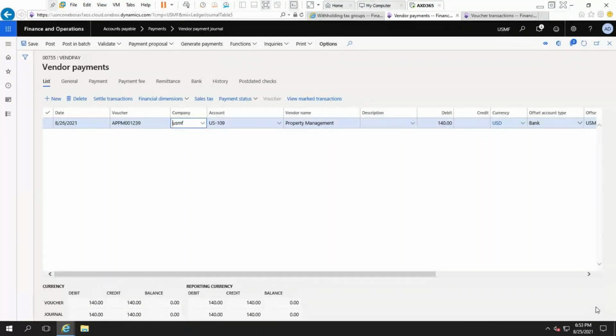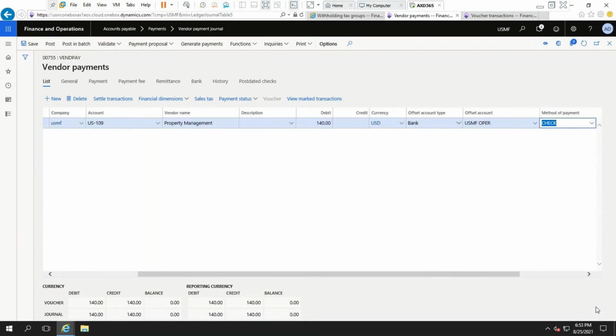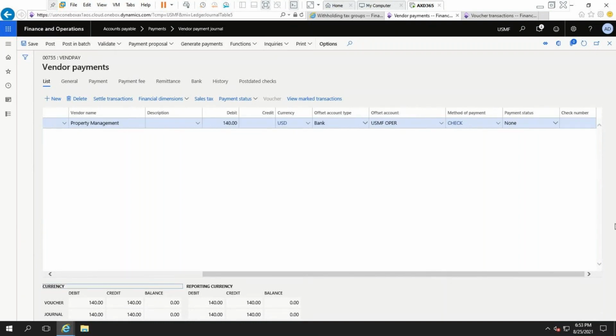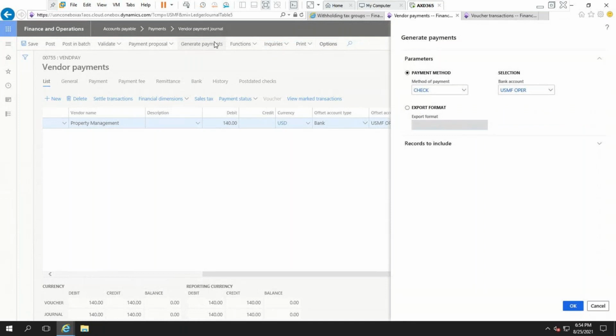Understood? $4 is the discount and $56 is withholding tax, and you are going to pay the rest. Now, you know, generate payments. So click OK. You know this process already, you have learned. Check payment. The check number is coming automatically here.